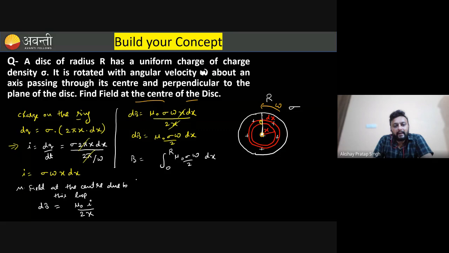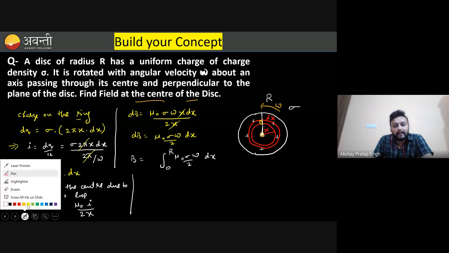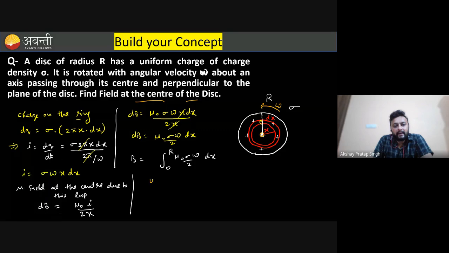So if you integrate it, you can take out the constants, that is mu naught sigma omega by 2. Integration of dx is x, and the limit is r. So B is equal to mu naught sigma omega r by 2. This is the magnetic field at the center of the disk.